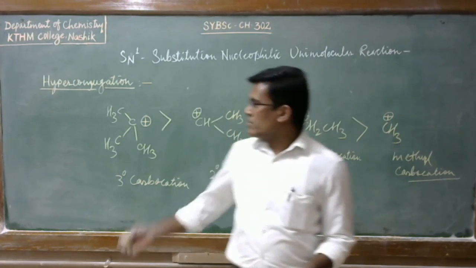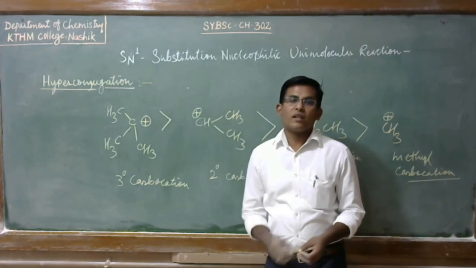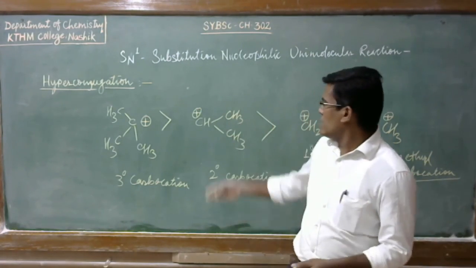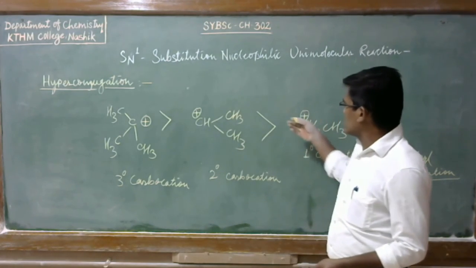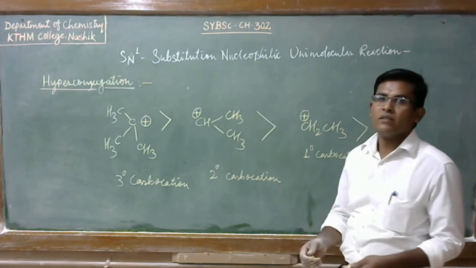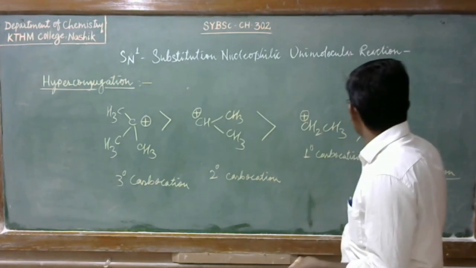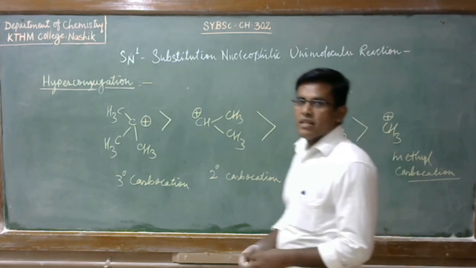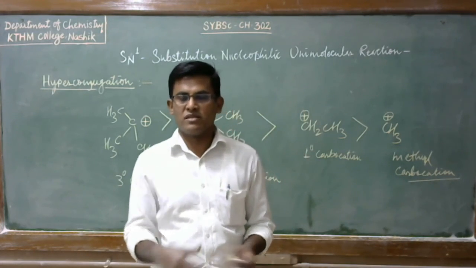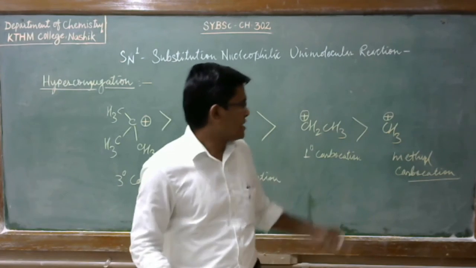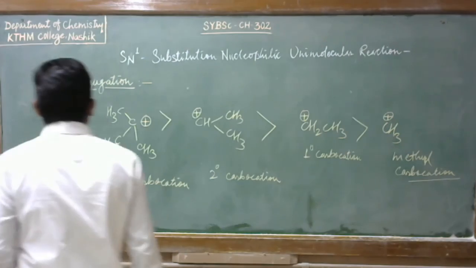So hyperconjugation will be more in tertiary butyl cation as compared to isopropyl, which is also greater than this ethyl, and then in methyl there is no adjacent methyl hydrogen CH bond, so it is the least stable.